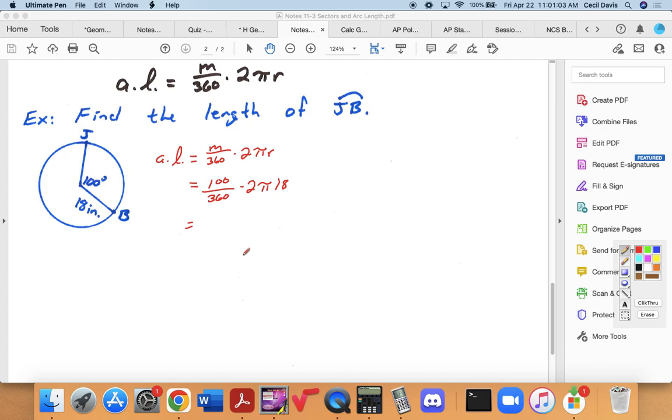Let's see. Oh, 2 times 18 is 36. 36 into 360 goes 10 times, so this comes out to be exactly 10 pi inches. They don't always come out that nice, but that one happened to. Okay, any questions?